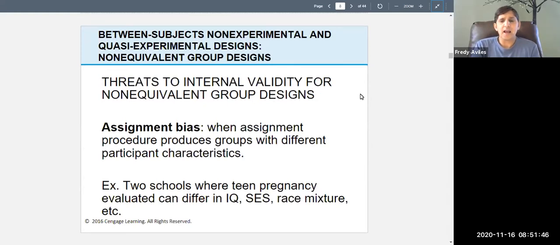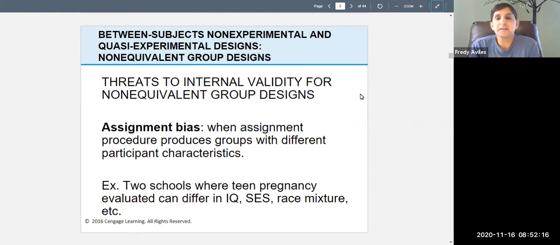They can differ in IQ. Maybe one is a better school than the other as far as the students go. Maybe the students in one school are just smarter than the students in the other school on average, right? SES stands for socioeconomic status. It could be that in one school, the students are poorer than in another school. You have schools in really nice, expensive neighborhoods, right? And you have schools in other neighborhoods that are not so nice, that are really poor.